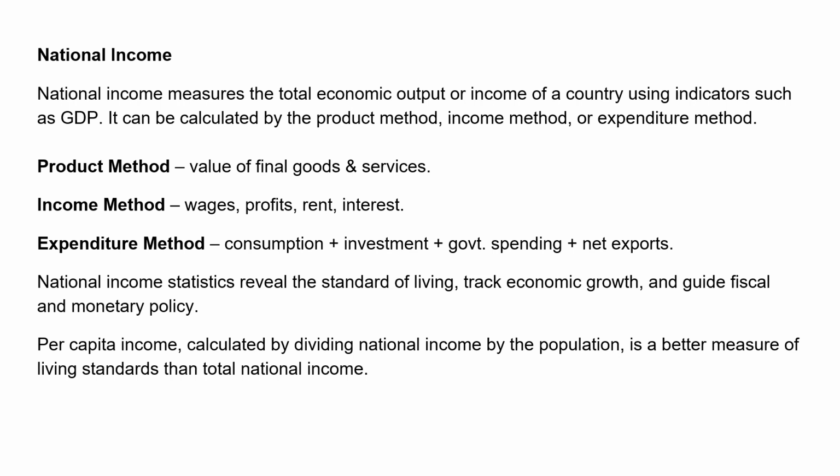Okay, so how do you calculate the national income of any country is what we are going to study today. It is calculated by many different methods. You can use the product method, you can use the income method, or you can use the expenditure method, and it is expressed as GDP.